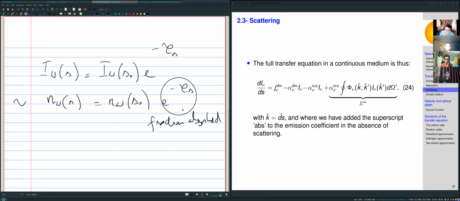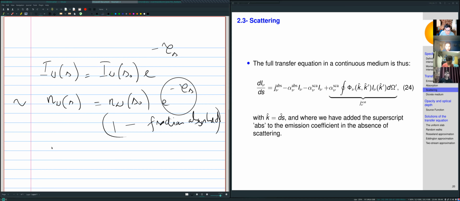Actually, this is 1 minus the fraction absorbed, to be correct. If this term goes to 0, then there's no photon left towards where we observe.